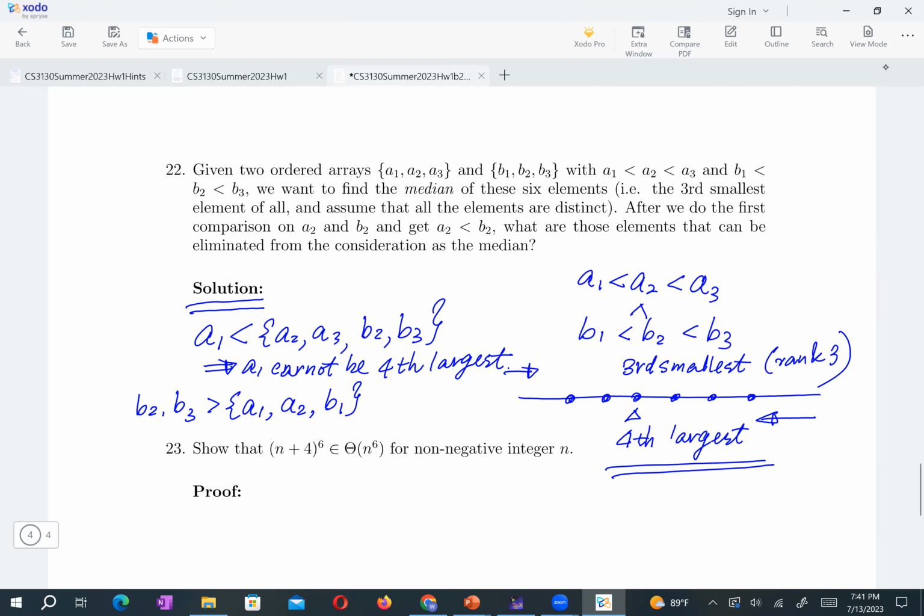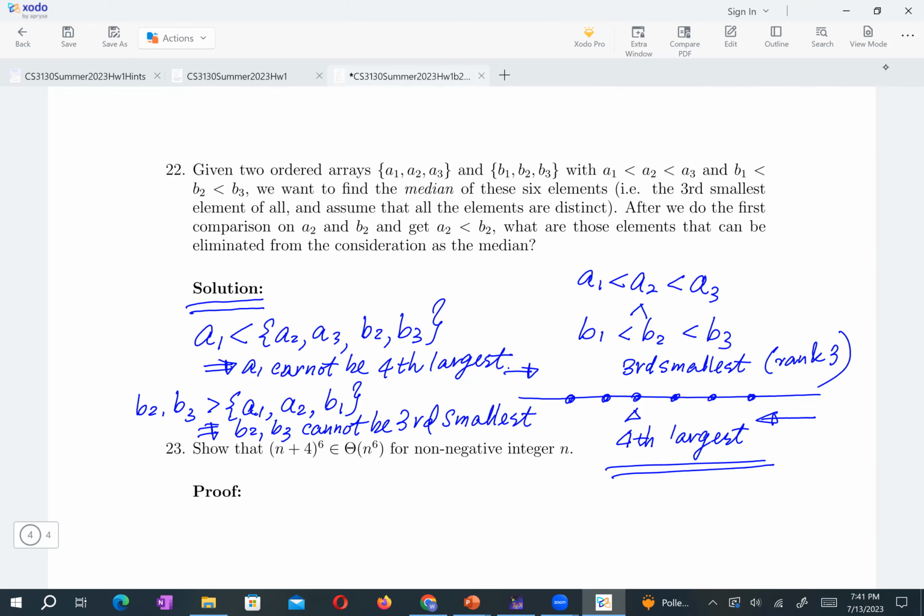This tells us B2, B3 cannot be the third smallest, because you already found at least 3 elements smaller than these 2.